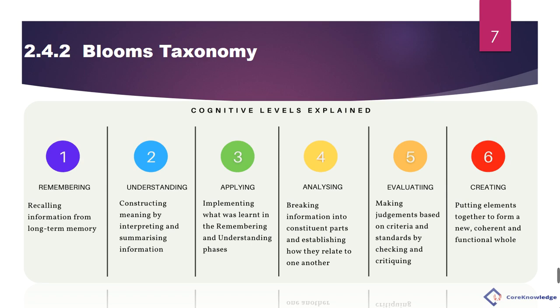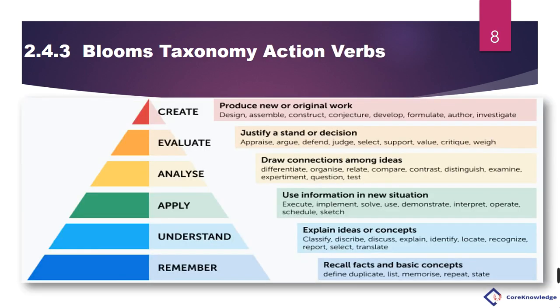Now, we want to move from this section to connecting different types of verbs that align with every level, so that you know how to apply some of these verbs in the development of learning outcomes. Okay? Now, a synopsis of the levels.